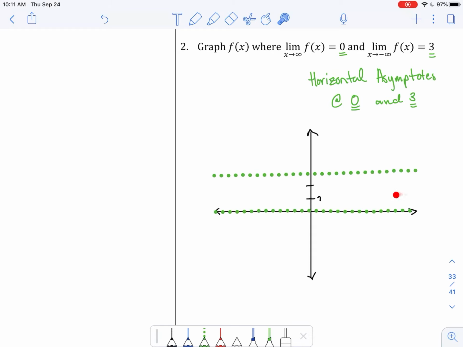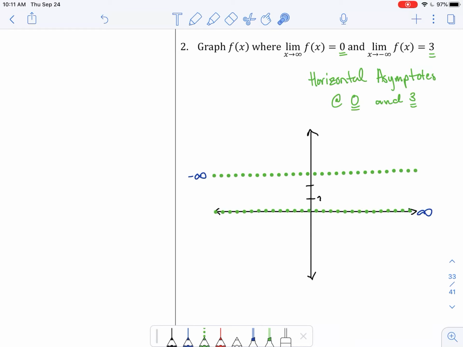Now, the one at 0 is going to be for positive infinity. So here we have positive infinity, which means that we're going to use the asymptote 0, and the negative infinity is going to be using the asymptote at 3.